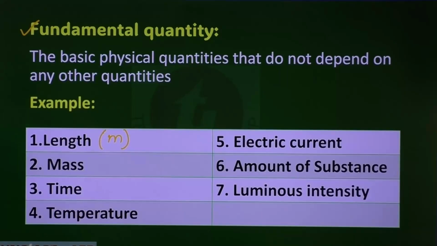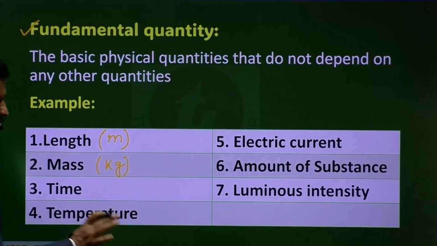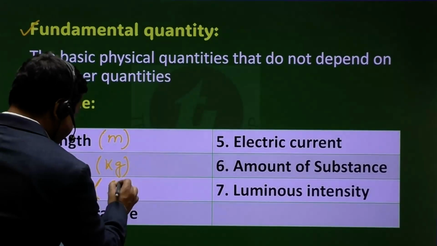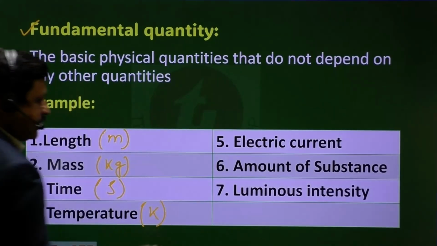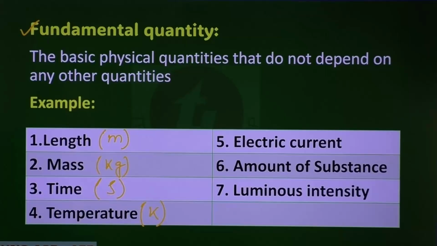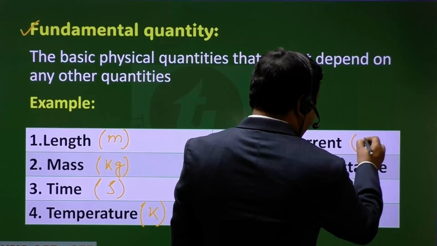Like mass, unit is kg, which is independent of any other units, right? That is also a fundamental quantity. Time, unit is second. Temperature, unit is Kelvin or degree Celsius, degree Fahrenheit, you know that. That is independent of any other quantities. Current, electric current, that is ampere.